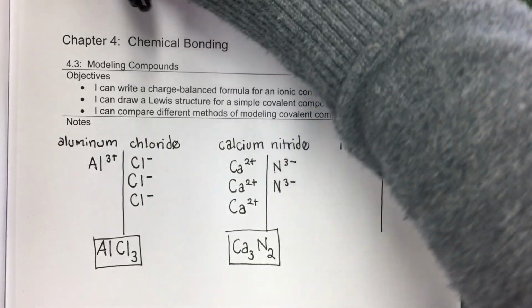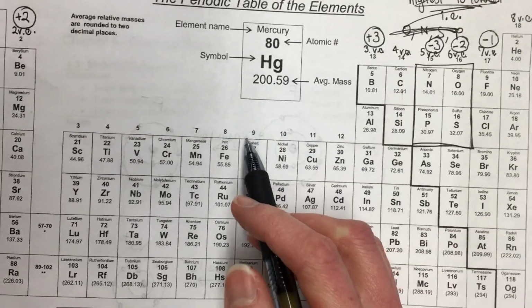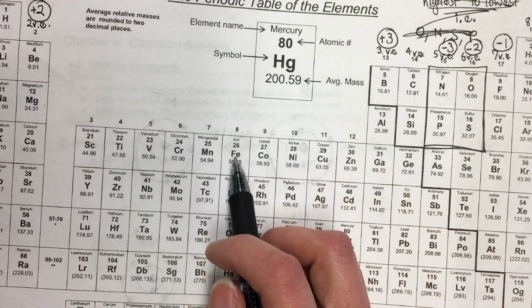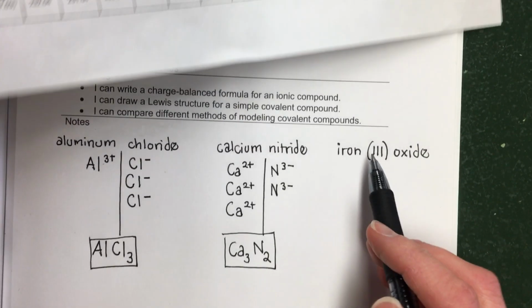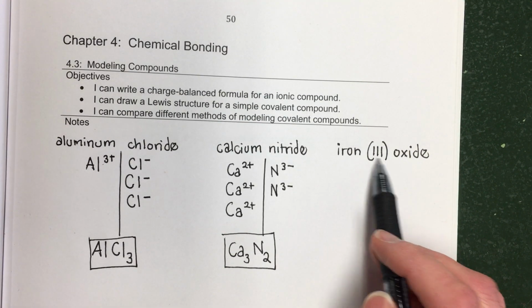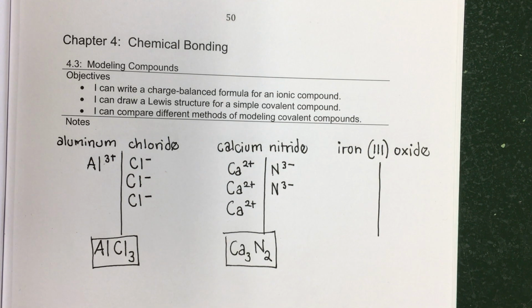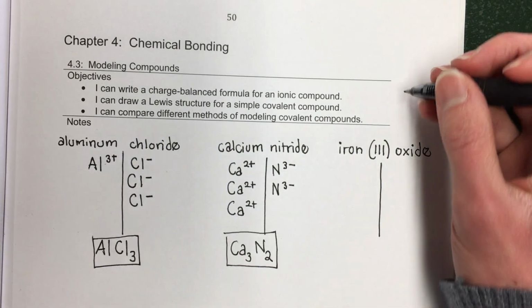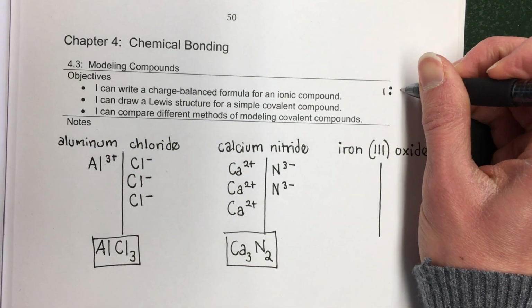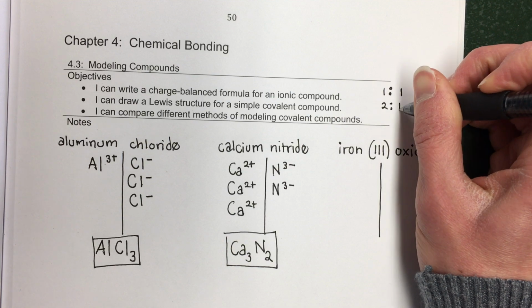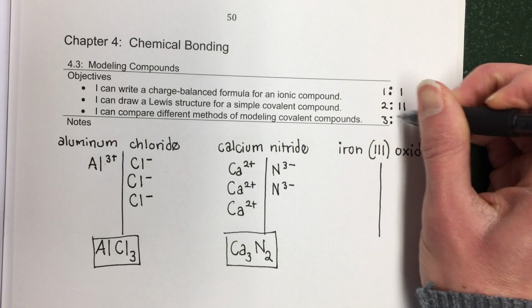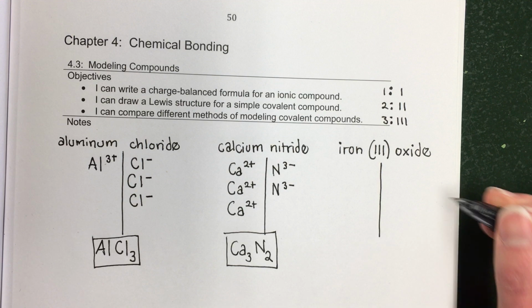So if we look at iron on the periodic table, it's in this middle section. We don't know what its charge is, but it has these lines. This is the Roman numeral 3. So you do need to know your Roman numerals, but only the 1 through 3. So you guys know Roman numeral 1 is 1 line, Roman numeral 2 is 2 lines, and 3 is 3 lines. That's all you need to know.